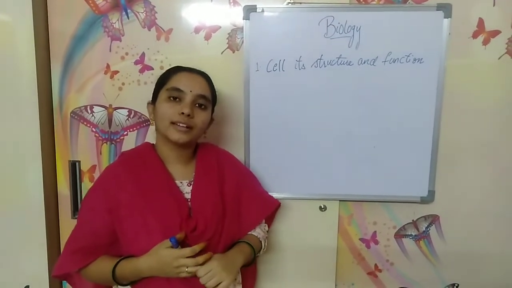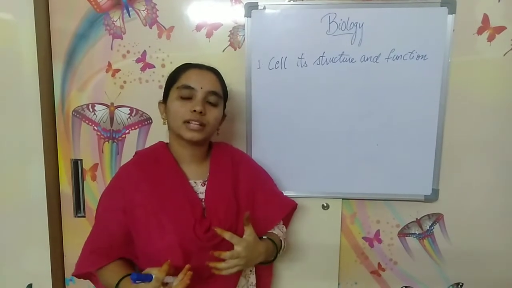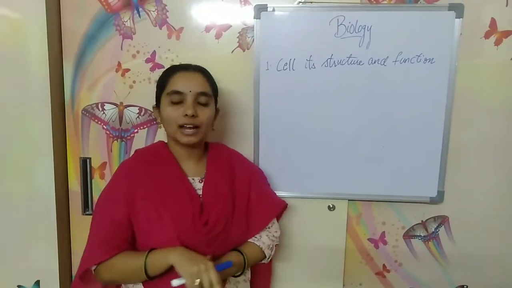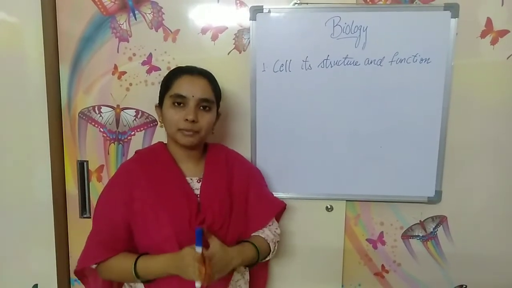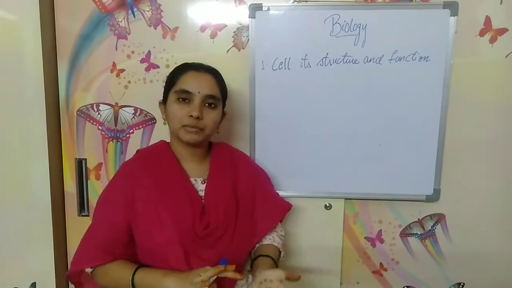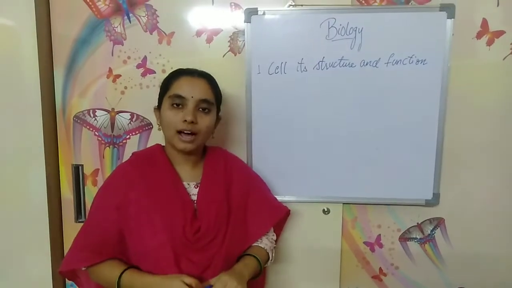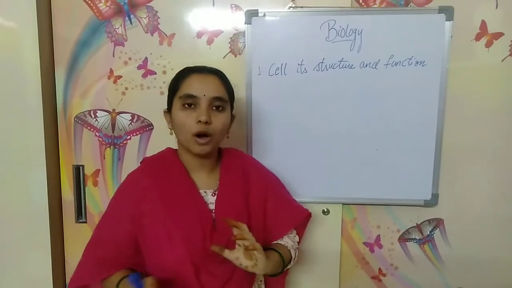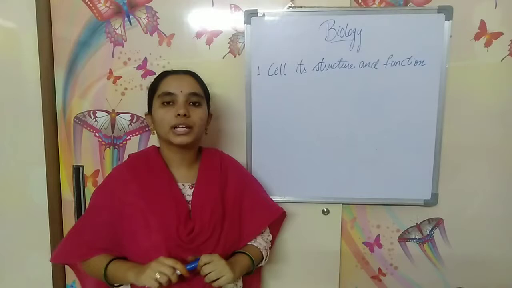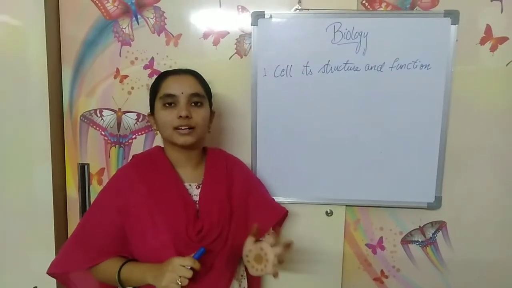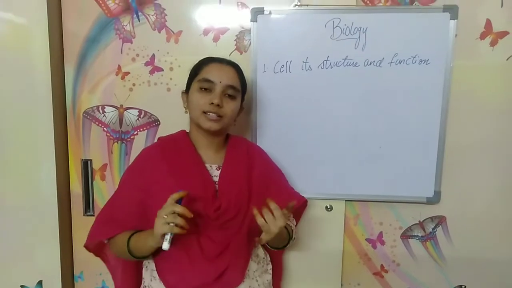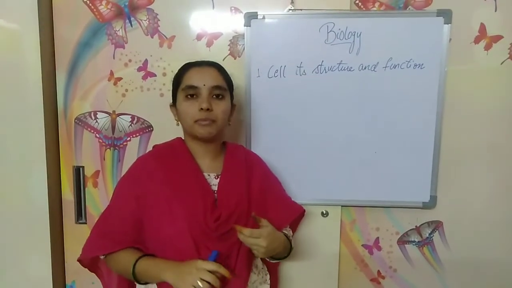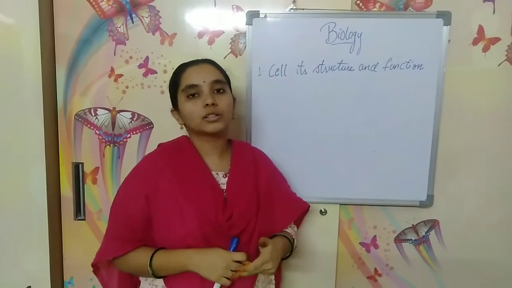As you know, there is a difference between plant cell and animal cell, but some structures are common in both of the cells. So here, in this first chapter of your 9th class, we will study the structure of each and every part of the cell and also the function.